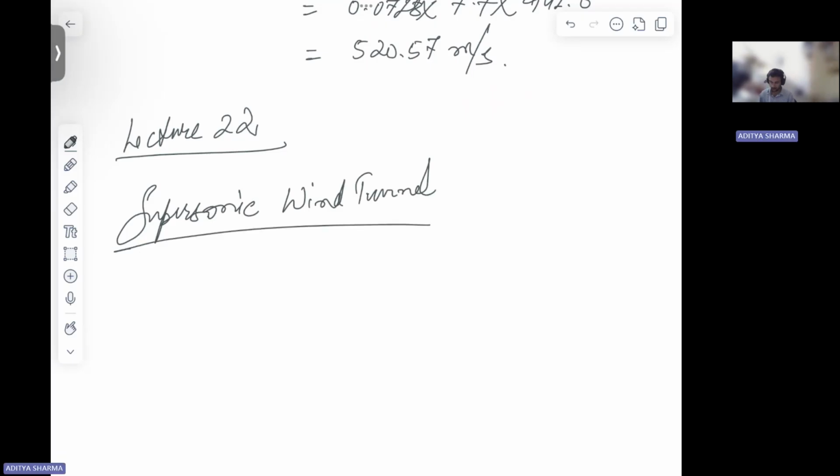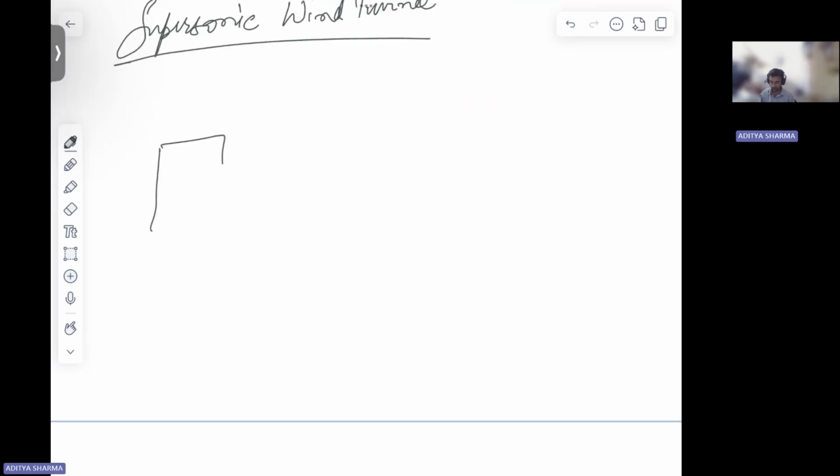So in your supersonic wind tunnel, you're going to have one reservoir. Then you're going to have a nozzle, CD nozzle. Then a test section you're going to have. This is throat.